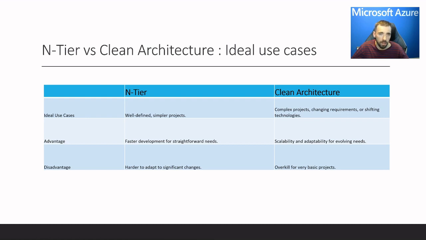Generally speaking, N-tier is good for simple, small projects. Clean architecture is good for more complex applications or certain applications with certain capabilities and technical complexity where it's going to provide us a lot of benefits for the ongoing application.